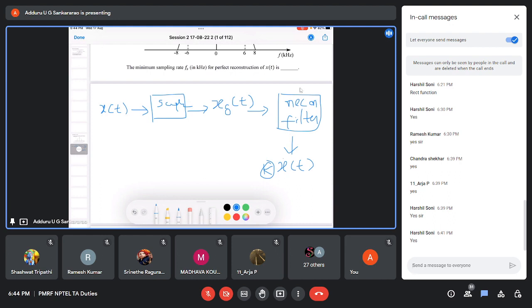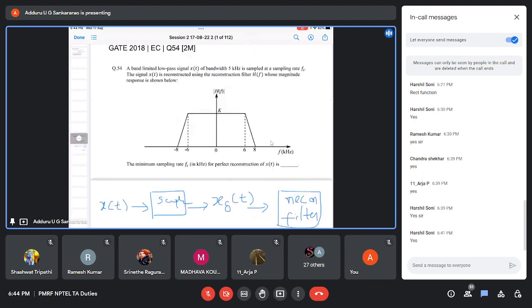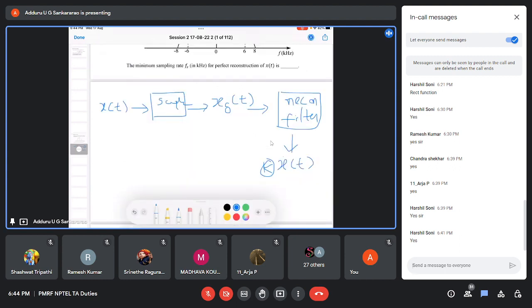Now, the filter response is given in the question. The response of the reconstruction filter, the frequency response, is given. Now for perfect reconstruction, what is the value of the minimum sampling rate fs?